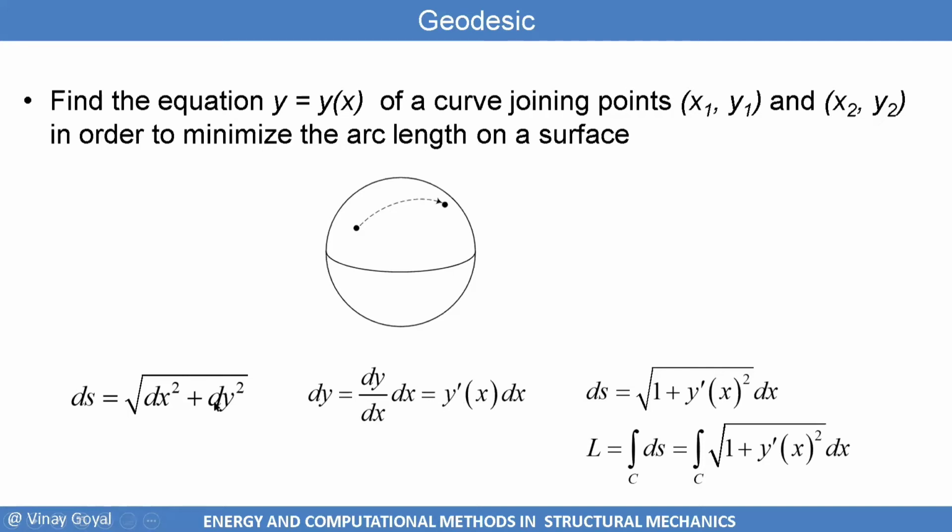So I can now expand it, and when I expand it, I get that ds is the square root of 1 plus y prime squared dx. And so the total length of this arc is the integral of this differential line element, which becomes the integral of the square root of 1 plus y prime squared dx.